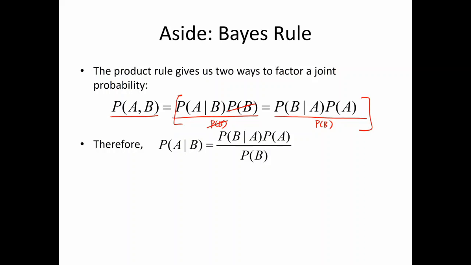One interpretation of Bayes' rule is this. This is called prior probability. So before seeing anything, you believe that A is true with certain probability. And this is called the posterior probability.